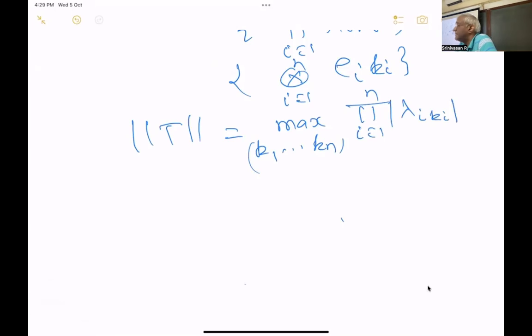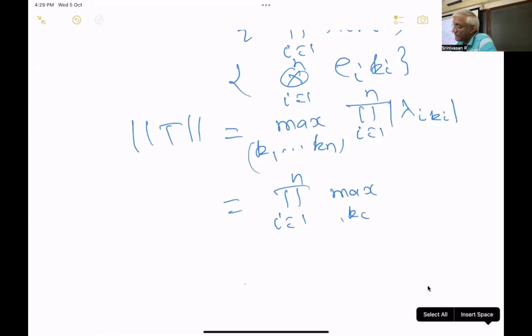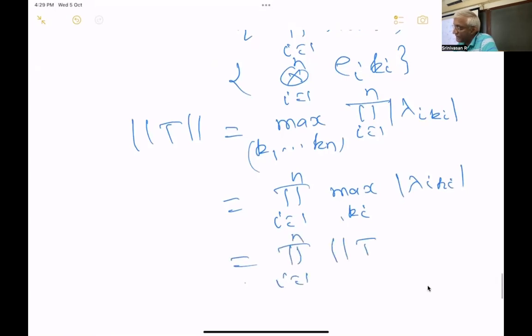This will be the norm of T. And you can take the maximum inside each factor because it's a finite product, which is equal to the product over i equal to 1 to n of the maximum over k_i of mod lambda_i k_i. And that is exactly the product over i equal to 1 to n of norm T_i. That is just the product.